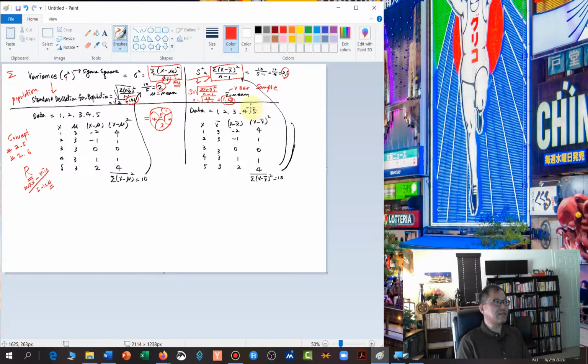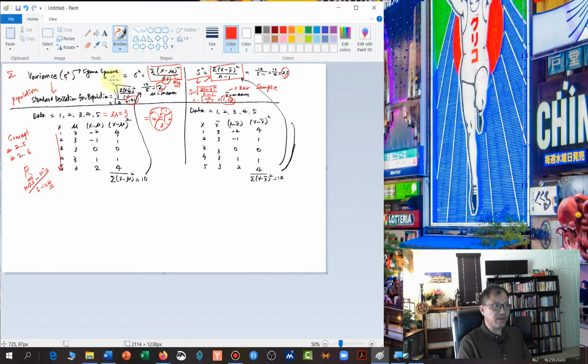So let's practice how to calculate variance for the population. You have data 1, 2, 3, 4, 5 from the population. So I will write down 1, 2, 3, 4, 5 right there. And now you need to calculate the mean for the population. So mu equals 3. Let's apply this formula.